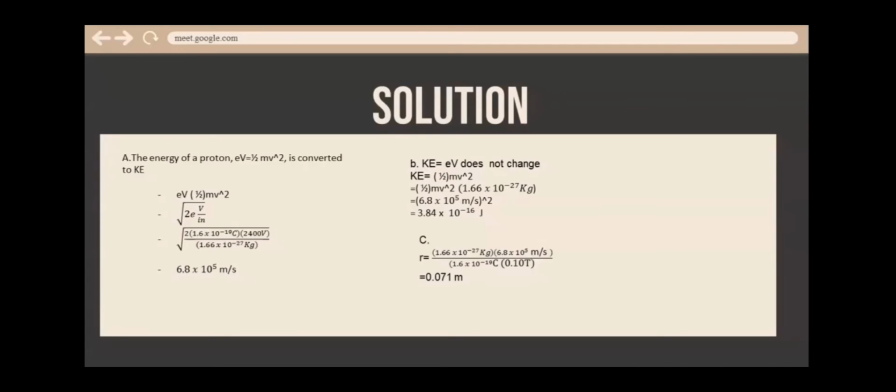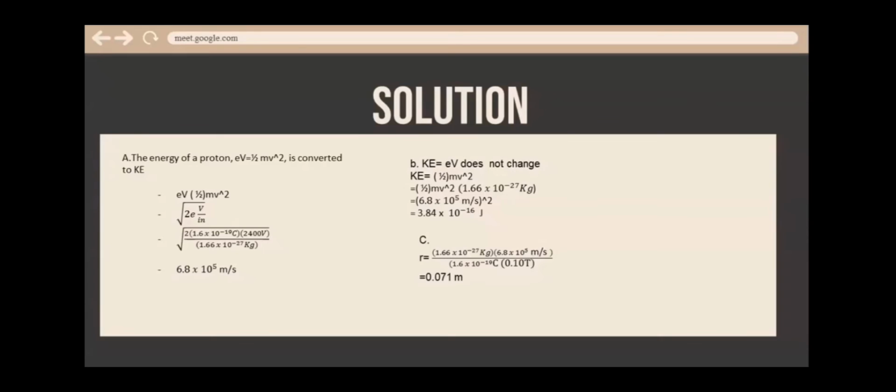So eV equals 1/2 mv squared, then v equals the square root of 2eV over m. That is the square root of 2 times 1.6 times 10 to the negative 19 coulombs times 2,400 volts over 1.66 times 10 to the negative 27 kilograms. So 6.8 times 10 to the 5 meters per second is the answer.